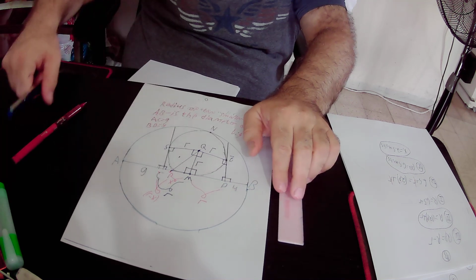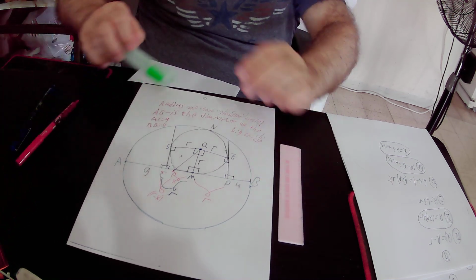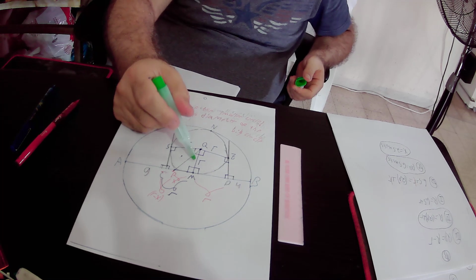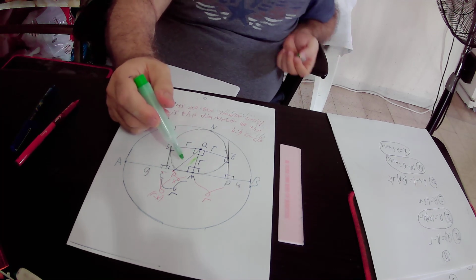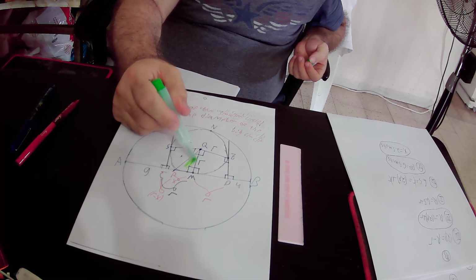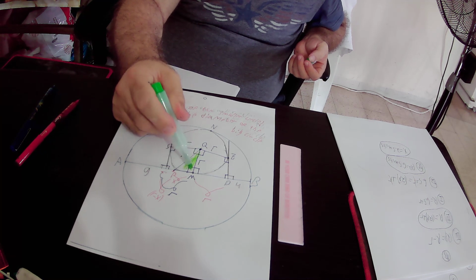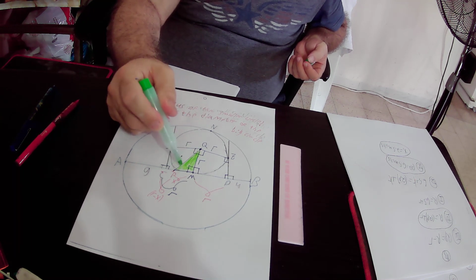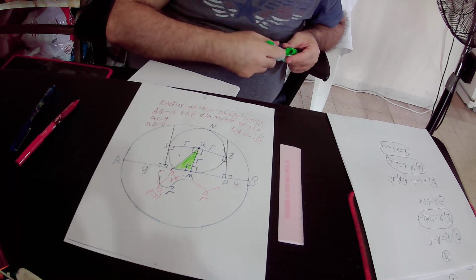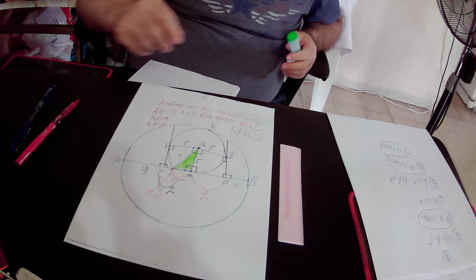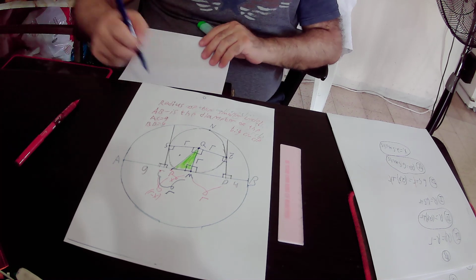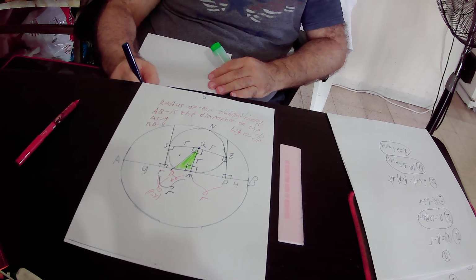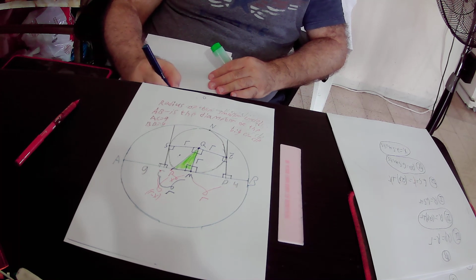So actually here we have a rectangle. QPM is a right triangle because angle QMP is a right angle. So I'll write it down that triangle QMP is a right triangle.